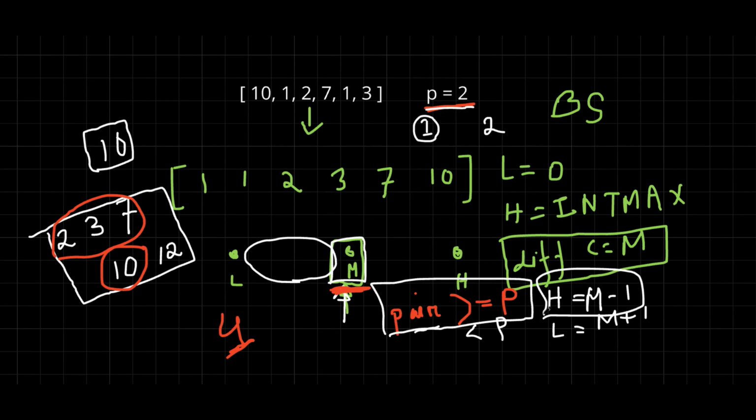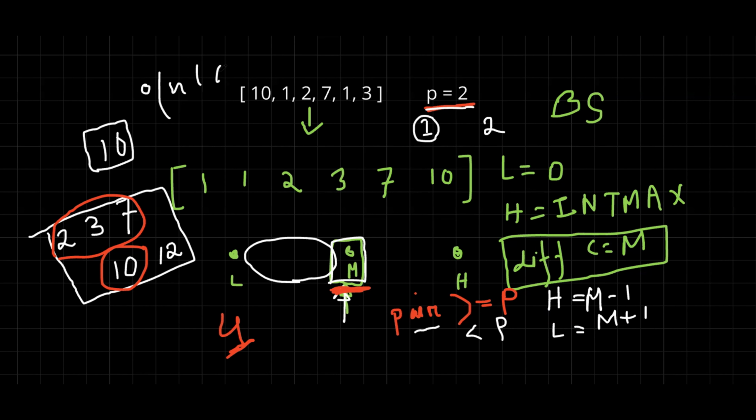That ensures that if we find a sufficient number of pairs, we will always try to search for the minimum value. That's how this binary search algorithm works. The overall time complexity of this binary search algorithm is big O of n log n. I hope you understood the algorithm.